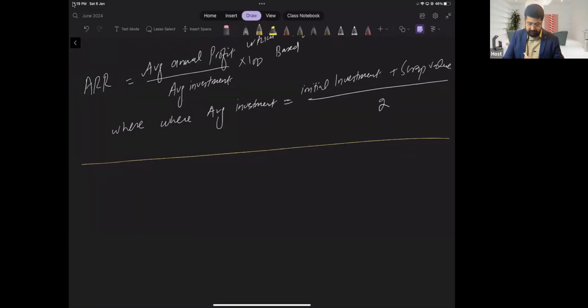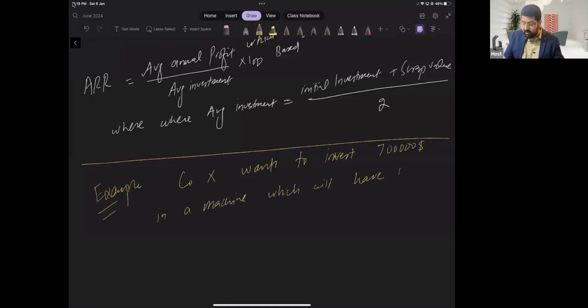The next point is an example, we will learn it by an example. Company X wants to invest $700,000 in a machine, which will have a scrap value of 25,000 at the end of its 4-year life.